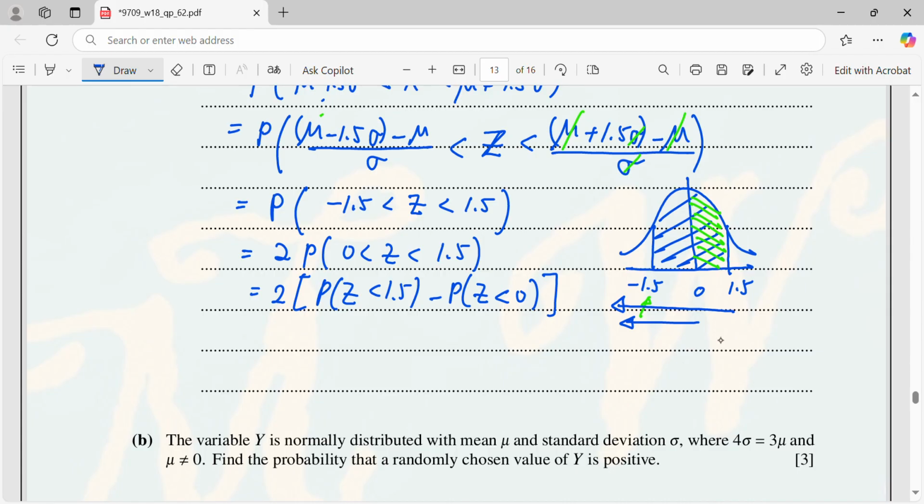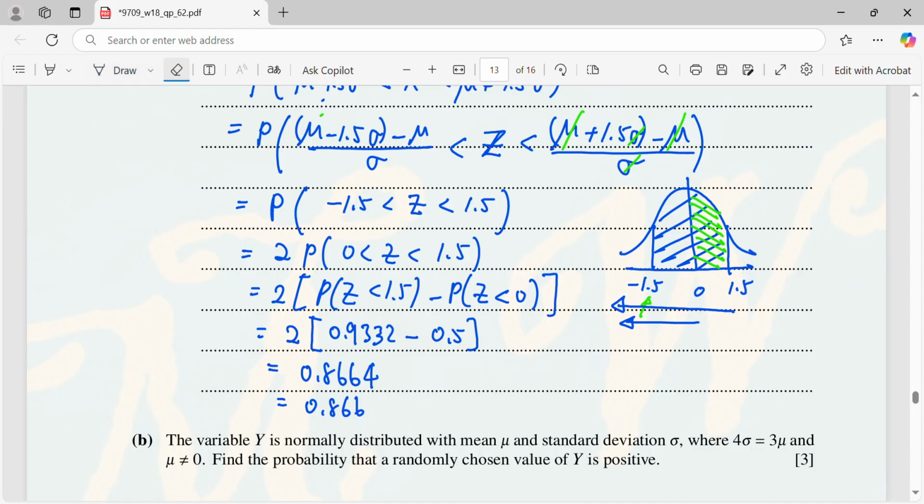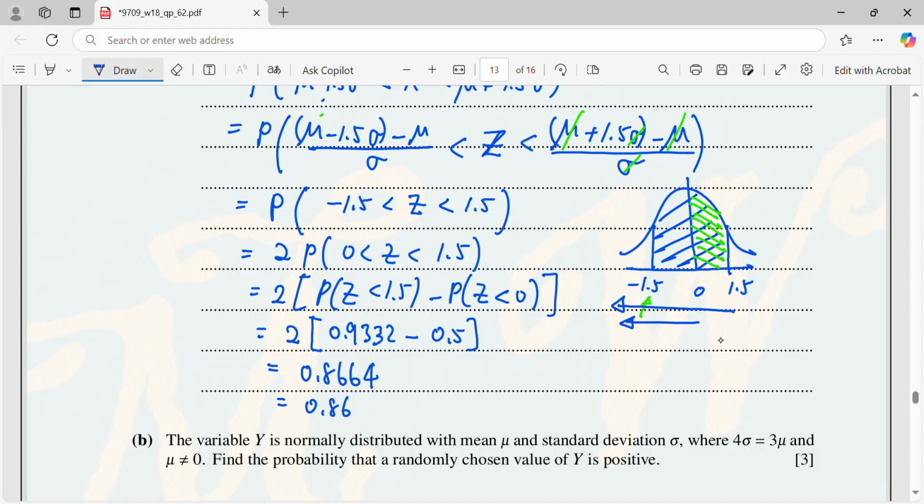Then from here, just read the probability from the table. You will be getting 0.9332. Then minus, less than 0 means 0.5. Then at last, you will be getting 0.8664. And now you can round up. This is 0.866, which is the answer correct to 3 significant figures.